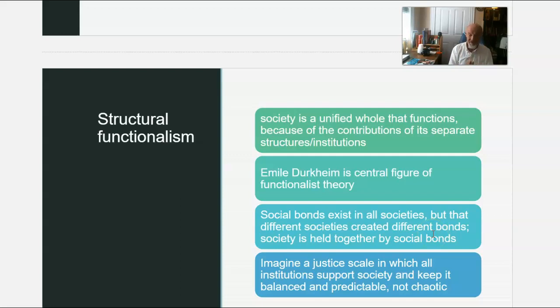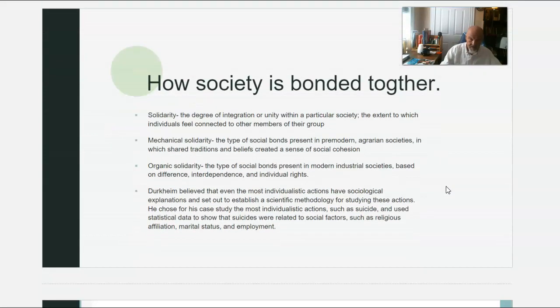Durkheim's central insight was that suicide in communities that were cohesive, in other words, where there was a strong sense of community, the suicide rates tended to be lower than in places where people didn't tend to know each other.